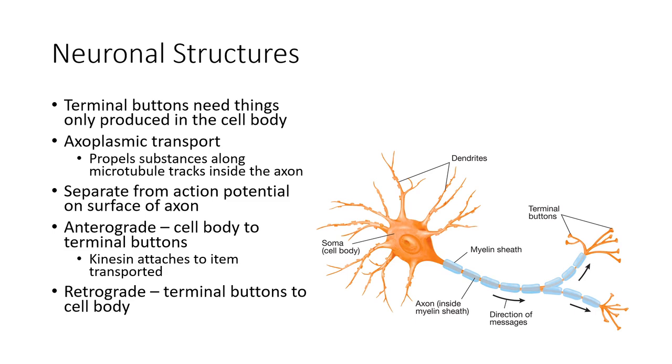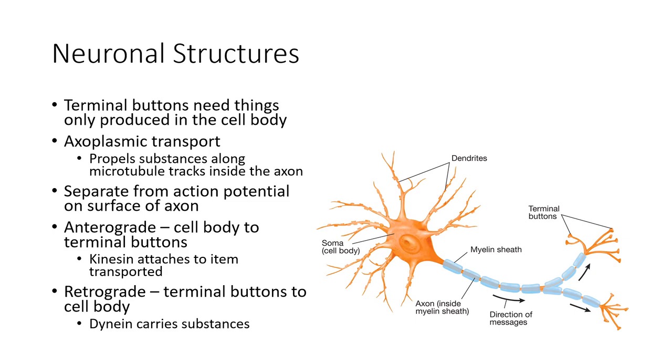And then, as I've also mentioned, there is the possibility that substances can travel the opposite direction from terminal buttons to cell body, and that is retrograde transport. So another protein called dynein will carry substances from the terminal buttons here back up the opposite direction of the axon to the cell body, and again traveling on the inside of the axon.